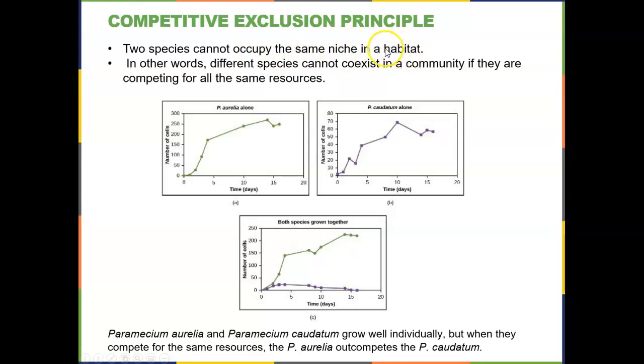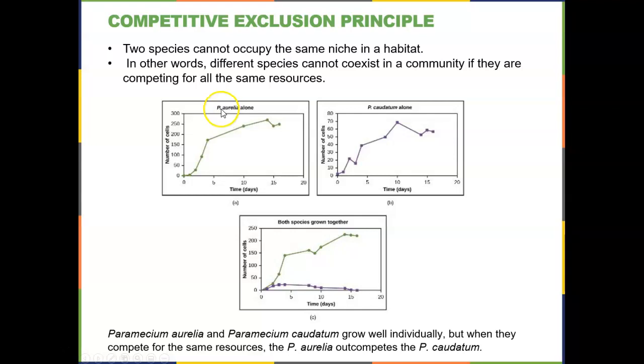So if two species live in the same area, they can't fill the same role within that habitat because they're going to use the same resources. And therefore, one of them is not going to succeed because they're both going to be competing for the same resources. So here we have three graphs, 1, 2, and 3.